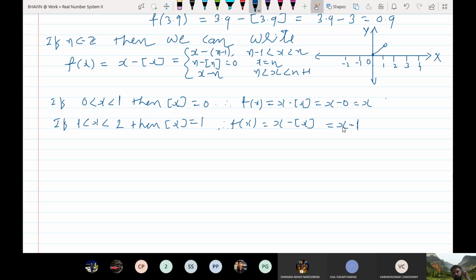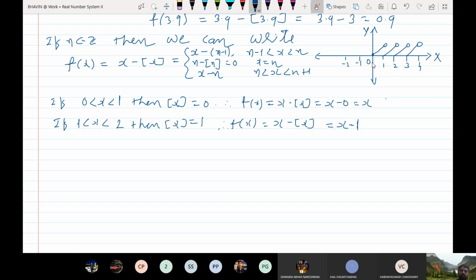And if you take x equal to 1, 1 minus 1 is 0, so the function takes value 0 at 1. It will cross at the point (1, 0). So this is also a straight line, and its slope is 1, so it is parallel to this line. So can you now tell me the graph between 2 and 3 is something like this?